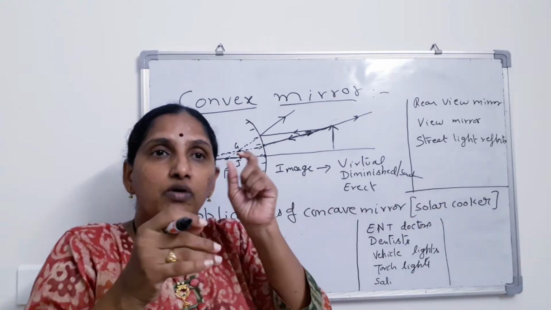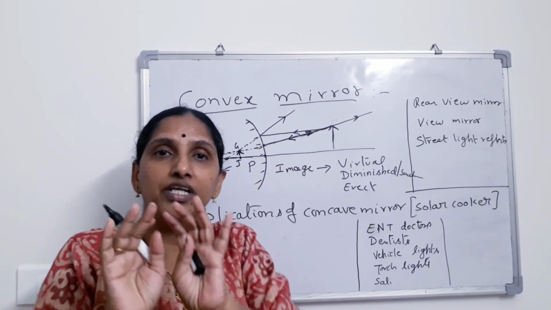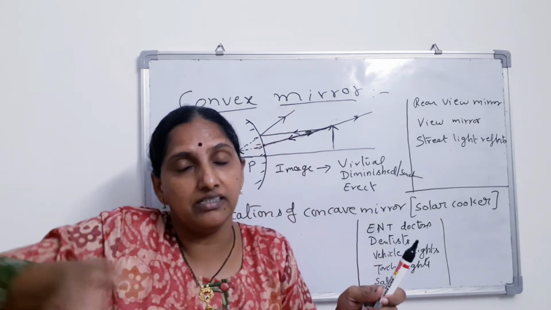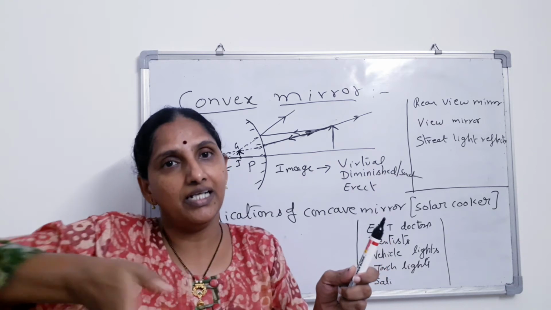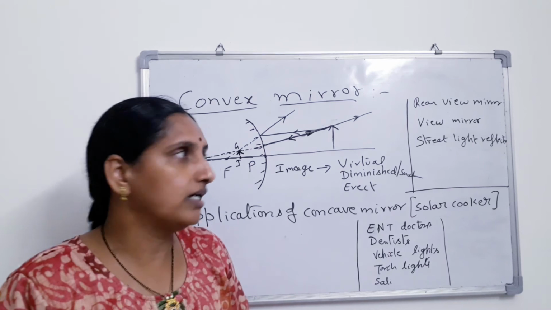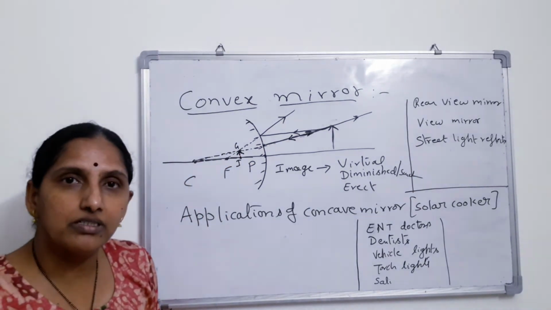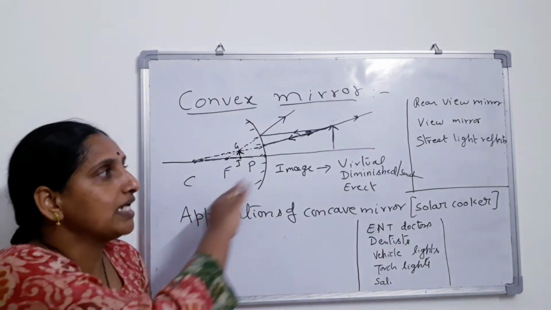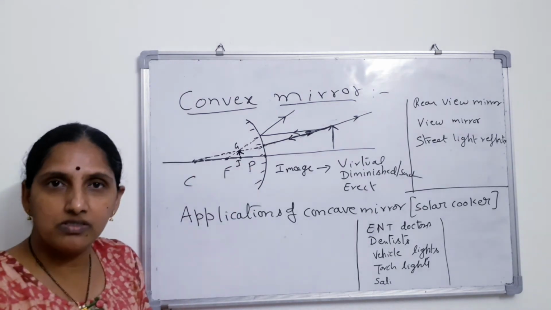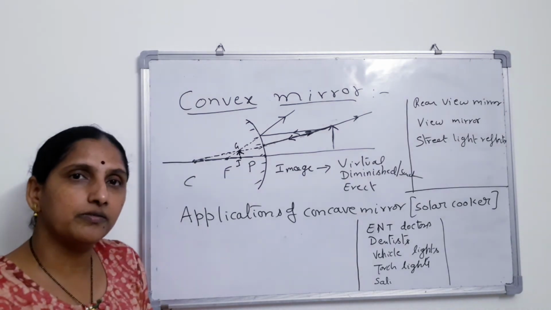Therefore, the light rays coming from the bulb are made to fall on a convex mirror, so that the light scatters in different directions and spreads out over a larger area. Thus, even in street light reflectors, we use convex mirrors. Okay children, these are the daily uses of convex mirrors in everyday life.